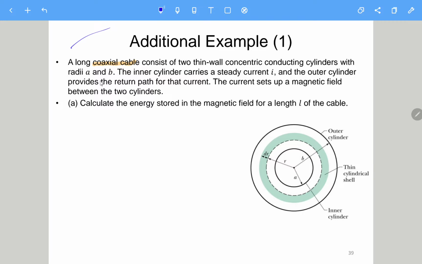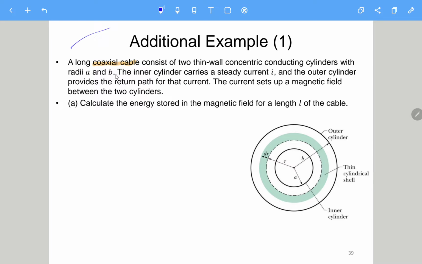For high frequency data, like an HDMI cable or an SMA cable, it should be a so-called coaxial, which means that one of the cylinders is for the signal to go, and the other one is for the return path, so that the signal will not disturb itself.